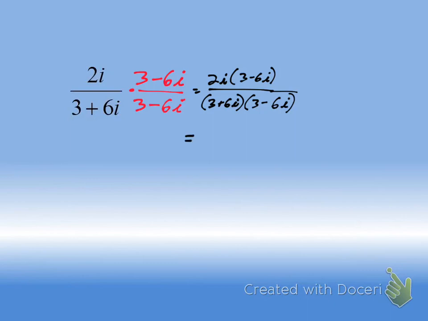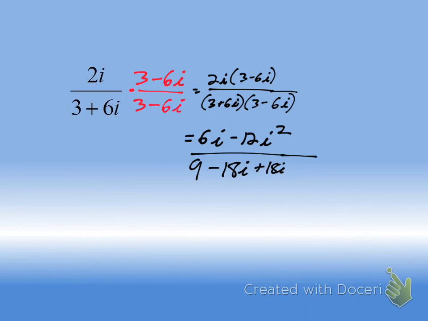So you get 6i minus 12i squared. The bottom you what? Everybody's favorite four-letter F word. Foil! Foil the bottom. So 3 times 3 gives you 9. 3 times negative 6i gives you negative 18i. 6i times 3 gives you plus 18i. Minus 36i squared.